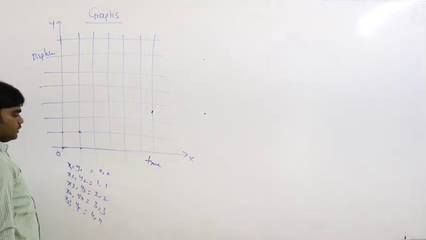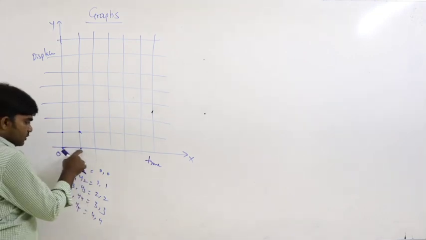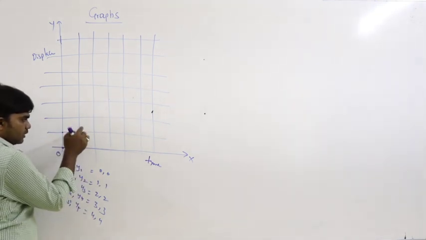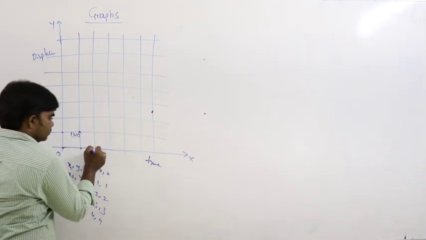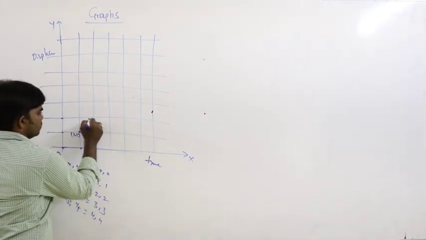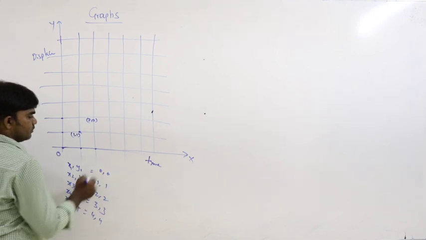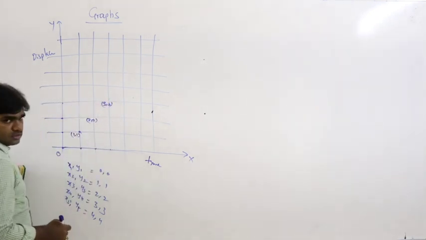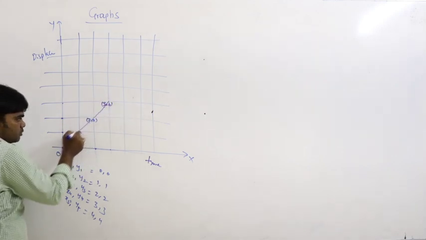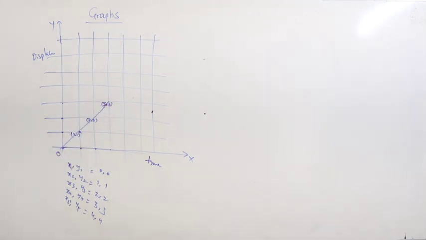So this is the point 1 comma 1. Next 2 comma 2, then 3 comma 3, like that. If we join all these points, we can get the graph.